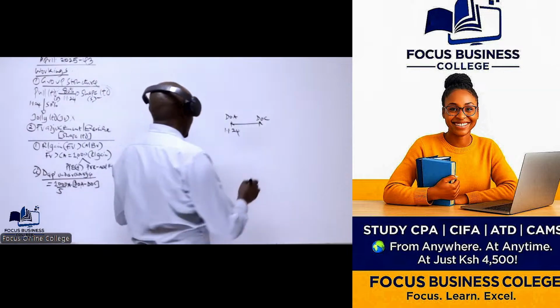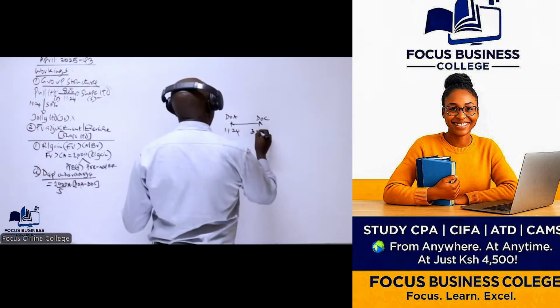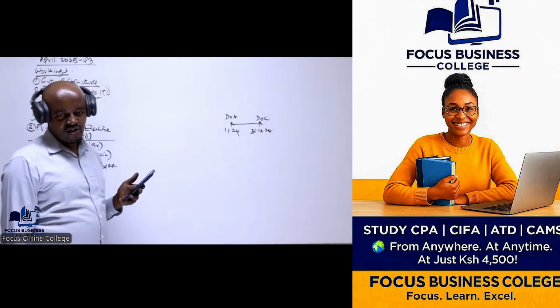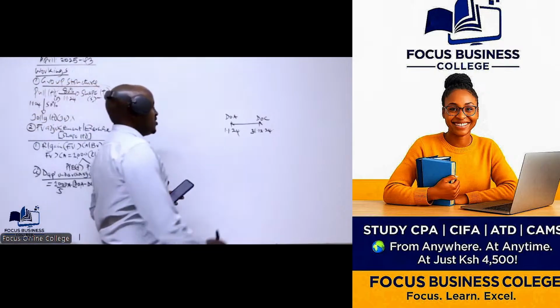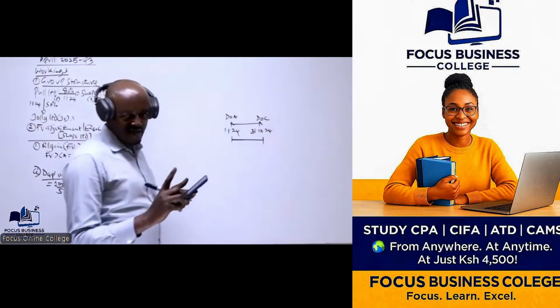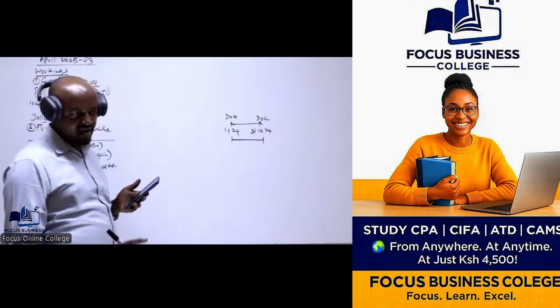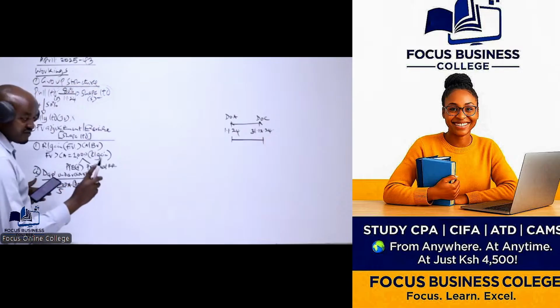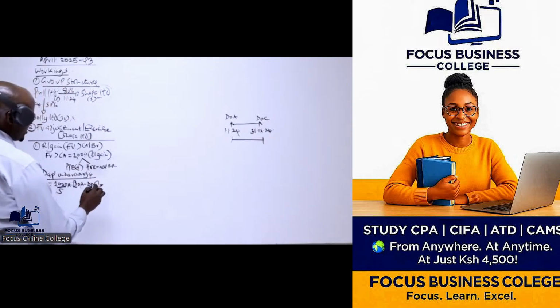We are required to prepare the group account on 31st of December 2024. That is the date of consolidation, so we have exactly 1 year. We are interested in the depreciation undercharge for just 1 year, so you just multiply that by 1.